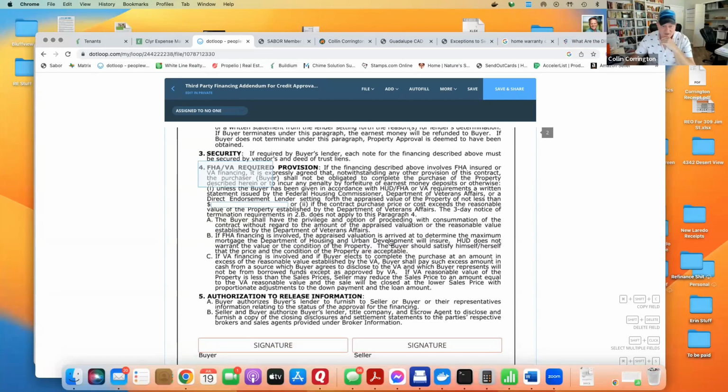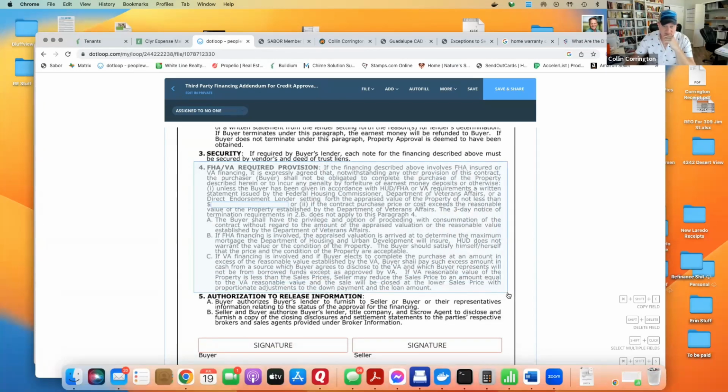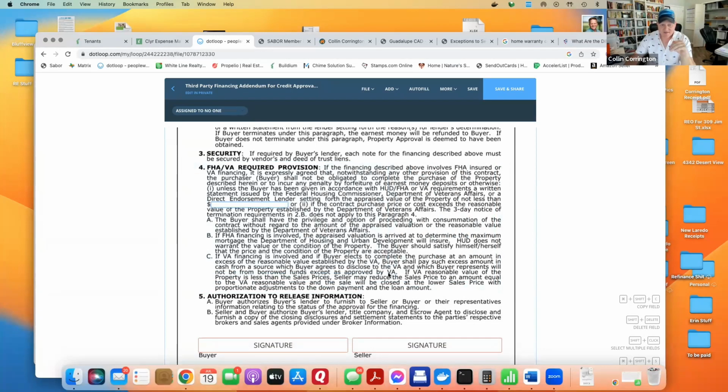Then the last thing I want to point out is where a lot of people screw up. This section right here talks about whether or not the house appraises for as much as it should.